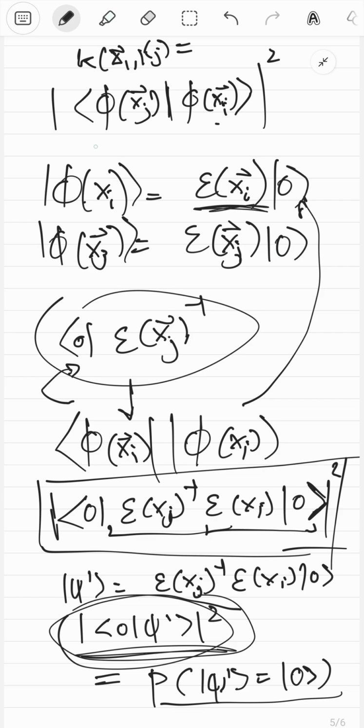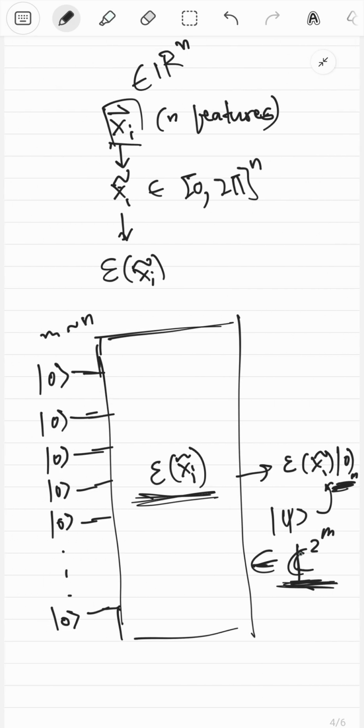The traditional way would be either to do a kernel trick, which isn't always possible, or to actually calculate what this phi of xi is going to be. And this is where the problem is. Over here you have 2 power m basis states in the space that your vector lies in.